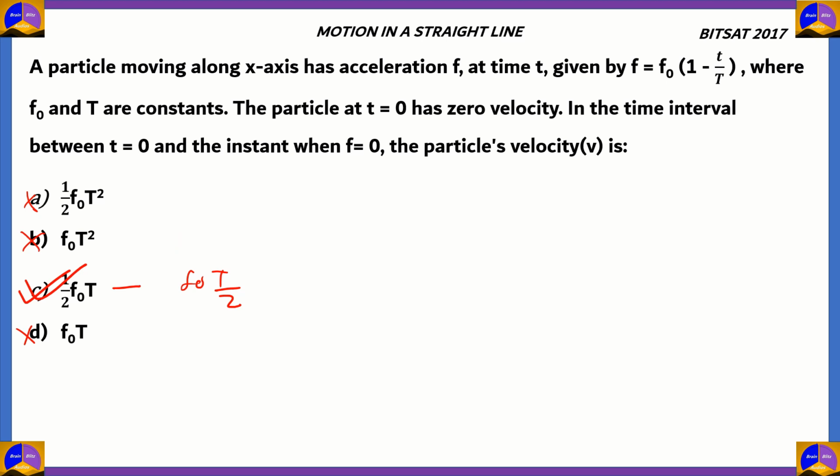So we solved this question first by integrating the equation to get the equation for velocity, then we found out that the instant at which acceleration is 0 is when the time is equal to the constant capital T. And then we integrated the equation for dv again, this time with limits from t equals 0 to t equals capital T. And we got the final answer, option C, f naught T by 2, or half f naught T. So option C is the correct answer for this question asked in 2017.